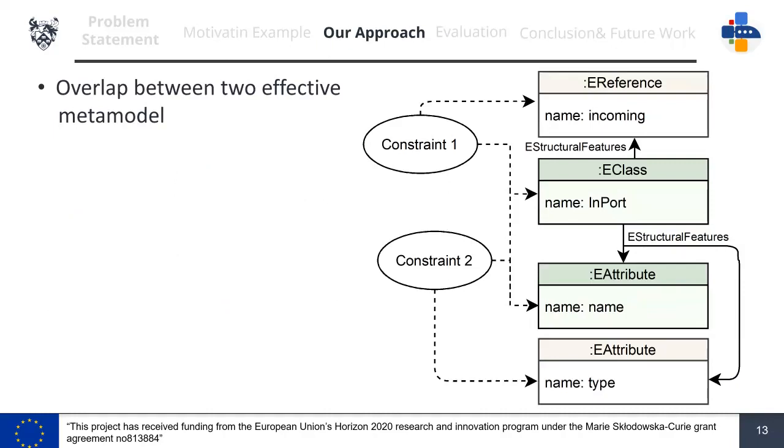There is another option that can happen, where there is an overlap between the information that two constraints need, right? So, for example, constraint 1 needs import and name, constraint 2 needs import and name, but that one needs another attribute and this one needs another attribute. So what can we do in this situation, because there is a trade-off.